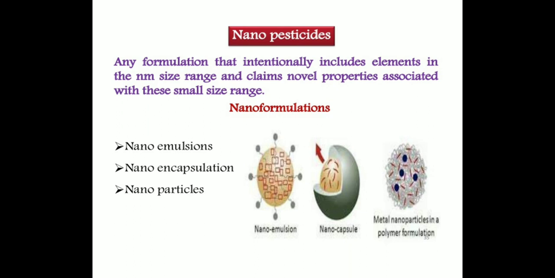Then the capsules are coated. Inside the capsule there will be a sensor which gives detailed information regarding the field conditions or the microclimatic conditions in the field. Finally, metal coating with platinum, gold or silver is used for the development of nanopesticides.